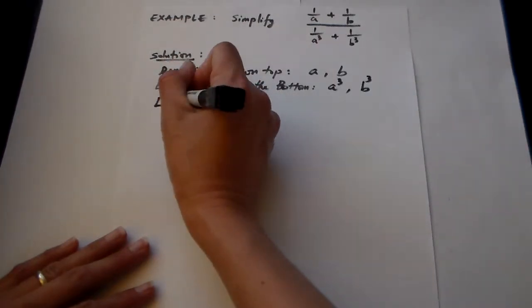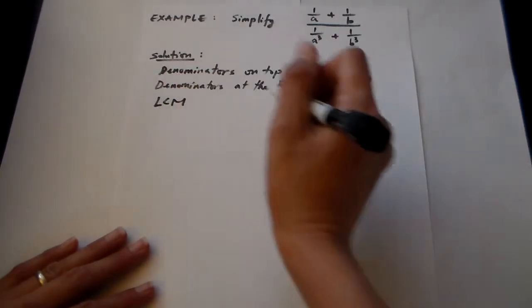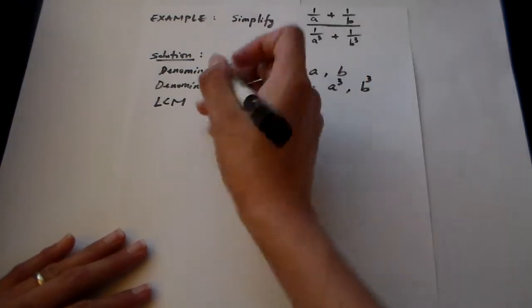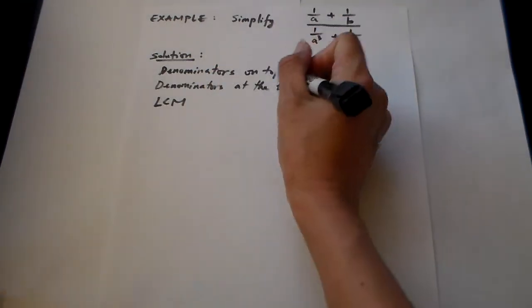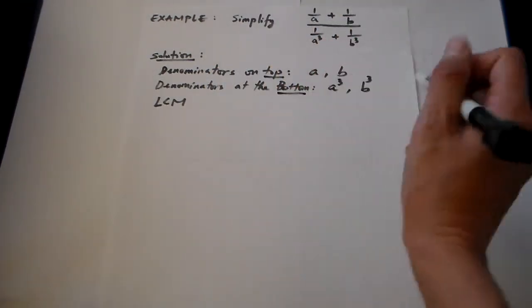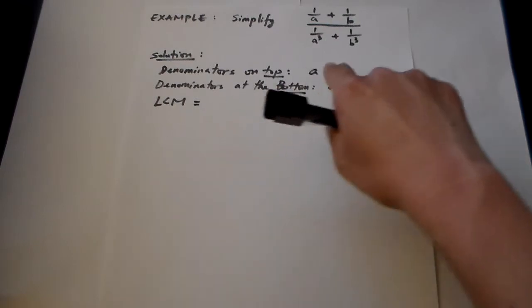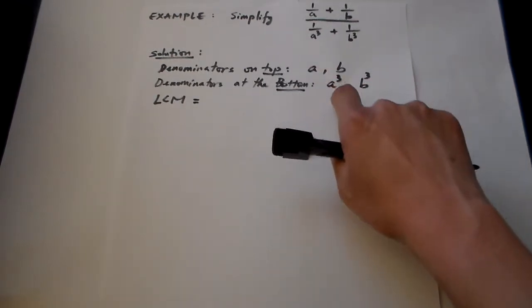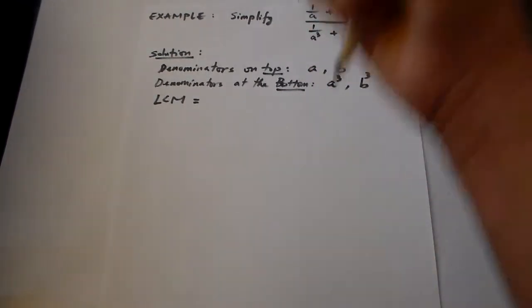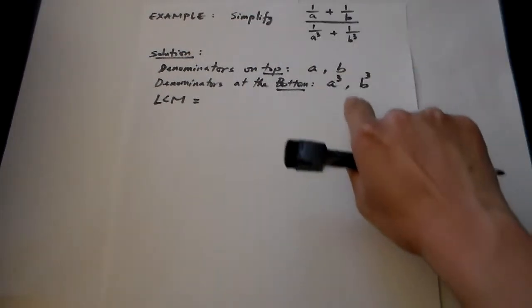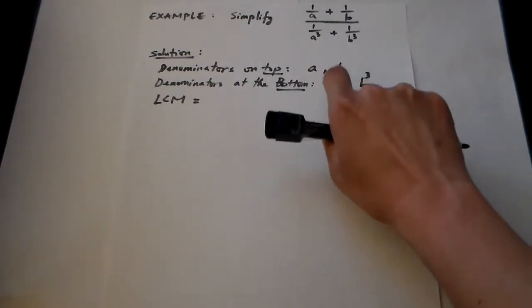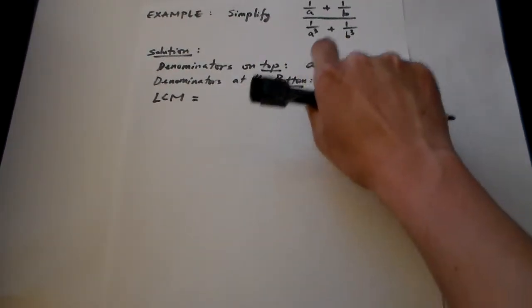We need to find the LCM, least common multiple, of the top and bottom. Remember, the LCM includes all the factors of a, b, a to the third, b to the third. It must be an expression that contains a to the third, b to the third, a, b.